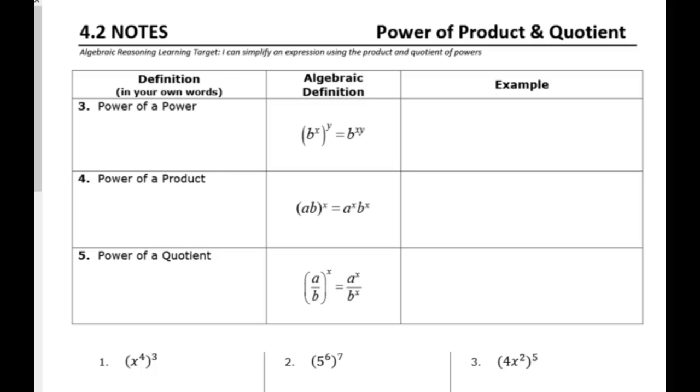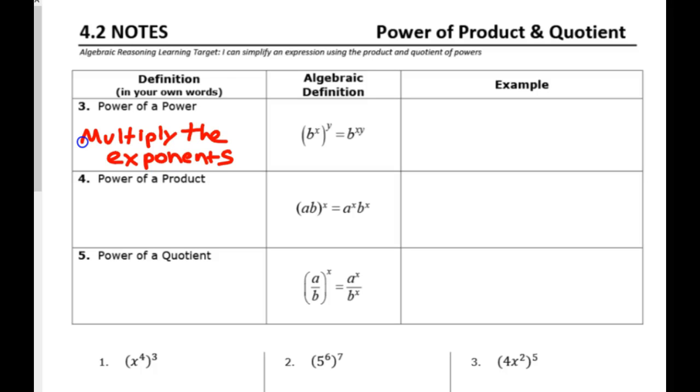Power of a power. So, ladies and gentlemen, this is different than Monday because Monday we had two of the same bases and we added the powers. But when you have a power of a power, you're going to multiply the exponents. Okay, when there's one base with a power to another power, that's when you're multiplying them. Write that down, what I wrote in red.